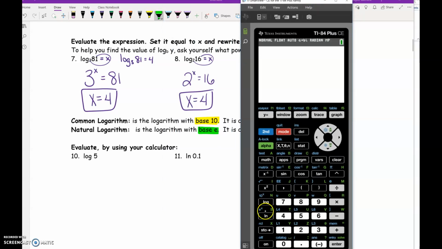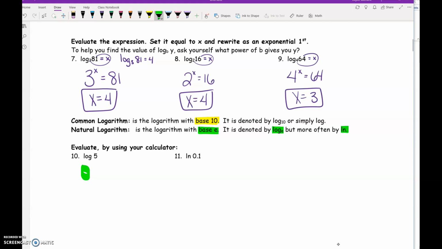Log is usually a button really close to that. So log button 5, the log of 5 is 0.6989700, etc. Let's round to 3 places after the decimal. So that would round to 0.699. Oops, I should write it in pen.